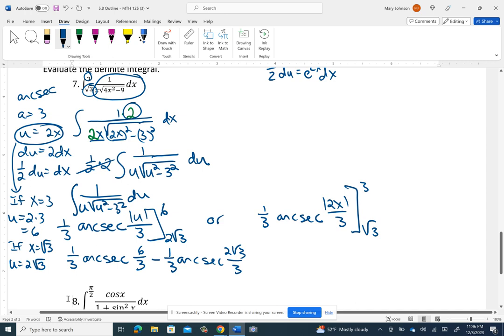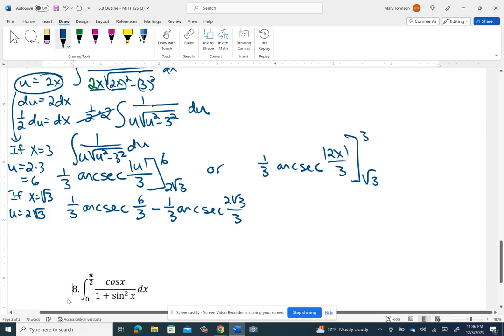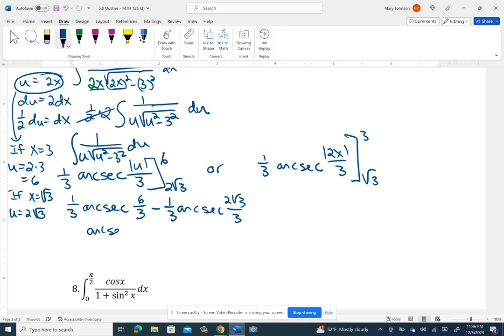And I think that's what makes this one so hard, is the trig, not the calculus so much. So here I have arc secant of 2 I'm trying to figure out. And here I have the arc secant of 2 square root of 3 over 3. So to figure this out, you really have to get what arc secant means.